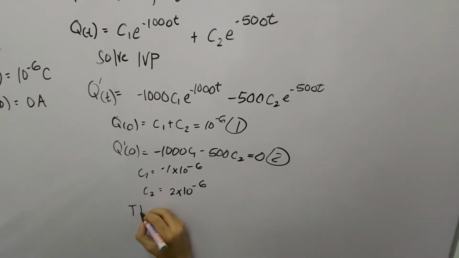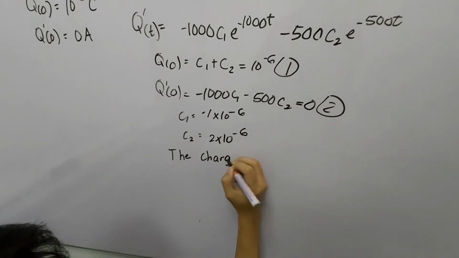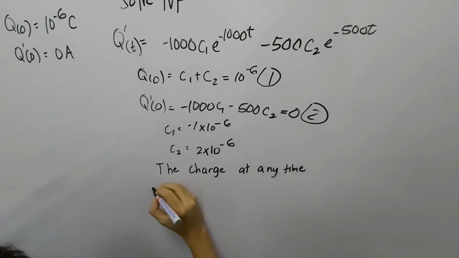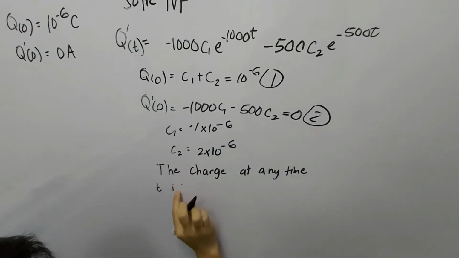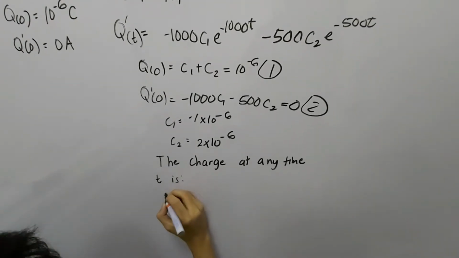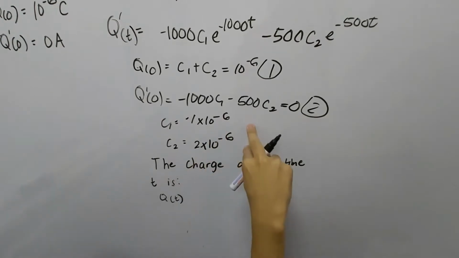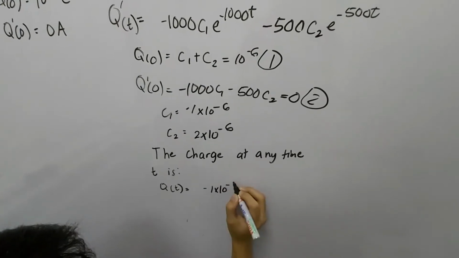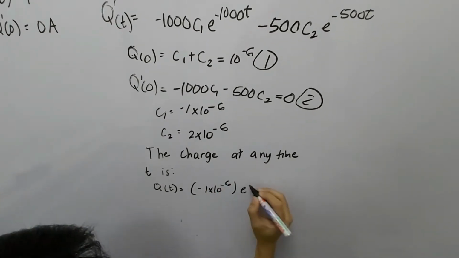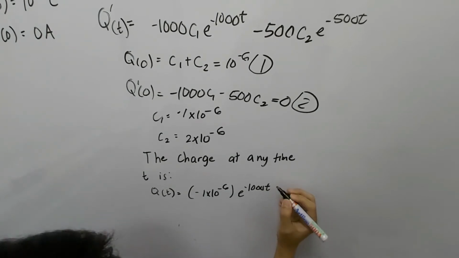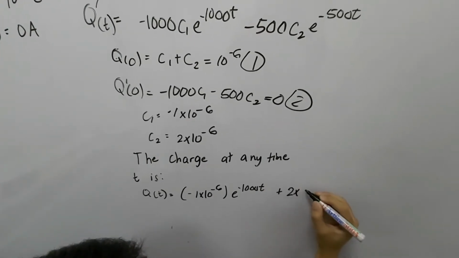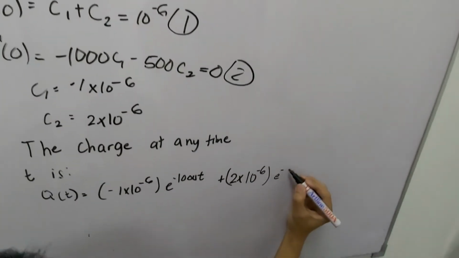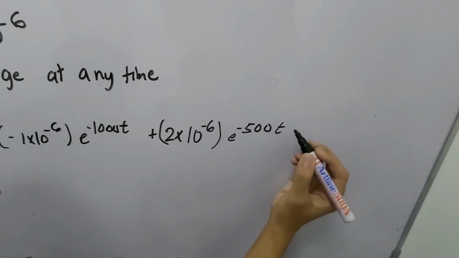So the charge at any time t is Q of t. Substituting this into the characteristic equation, it would be negative 1 times 10 raised to negative 6 e to the negative 1000 t plus 2 times 10 raised to negative 6 e to the negative 500 t coulombs.